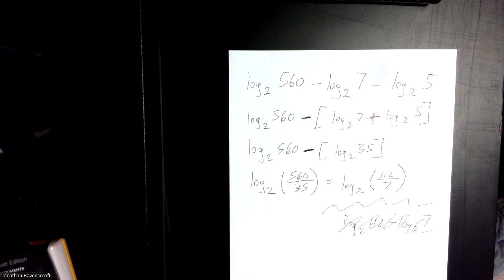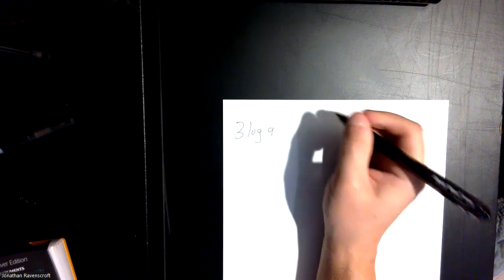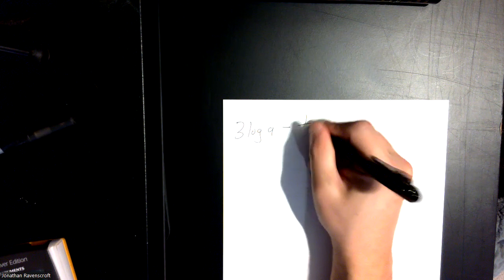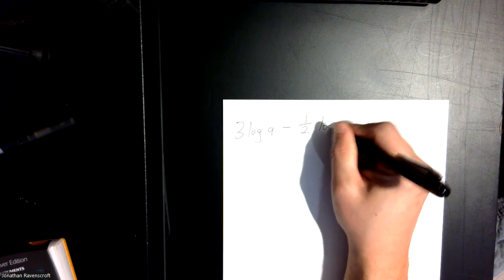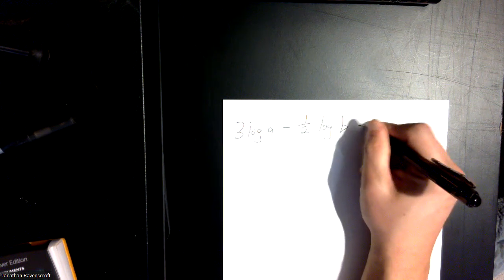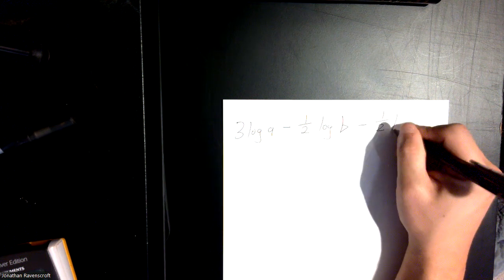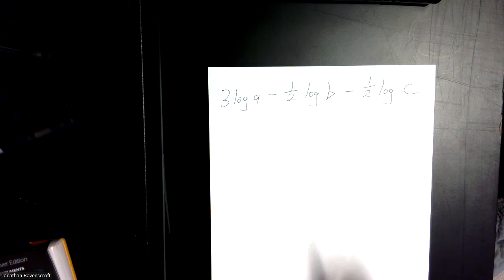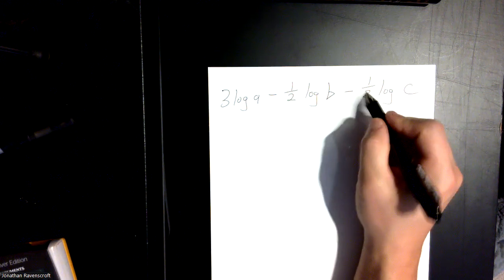Let's try another one like that. 3 log A minus 1/2 log B minus 1/2 log C. Now here, before we jump in and start using our rules, I notice that there's a 1/2 here and 1/2 here.